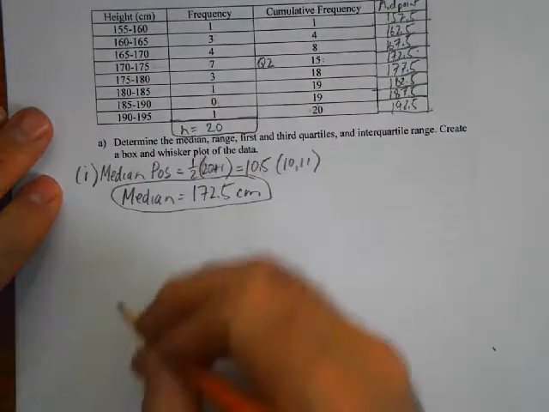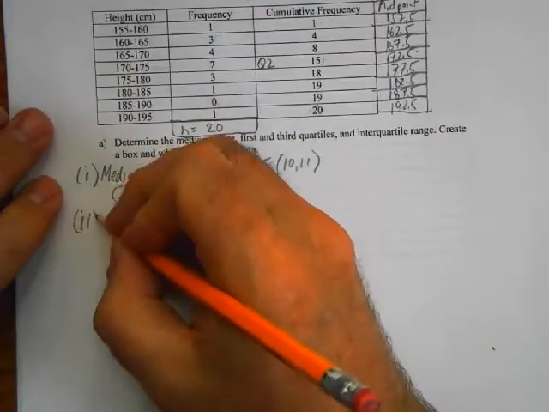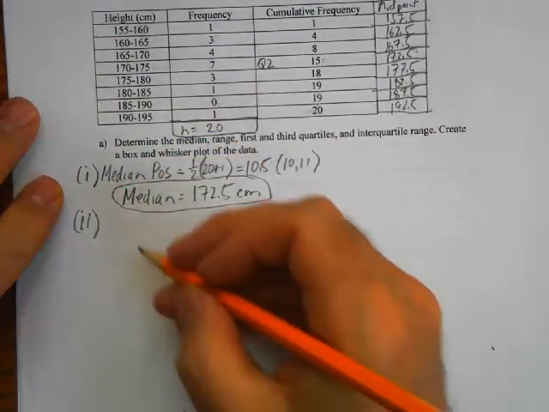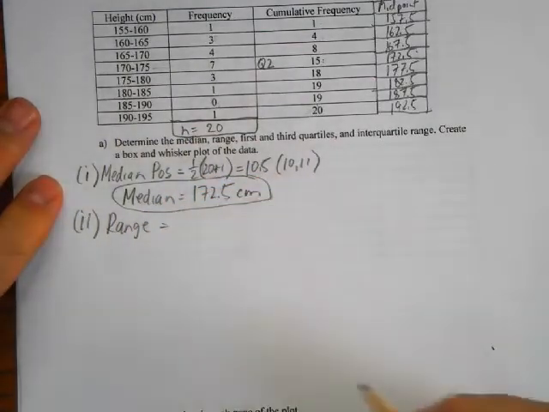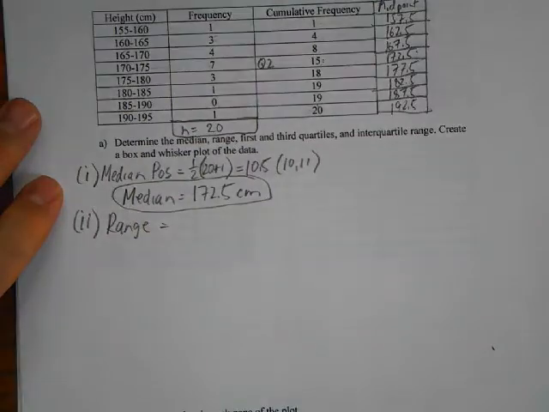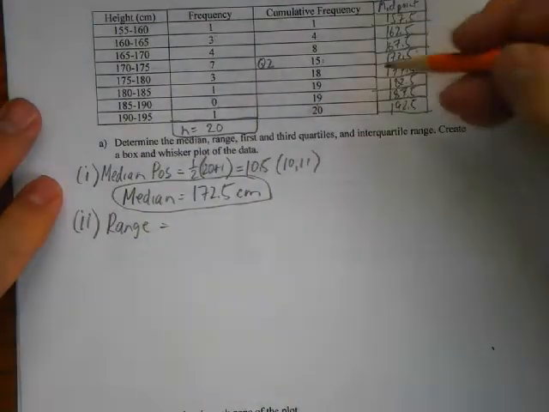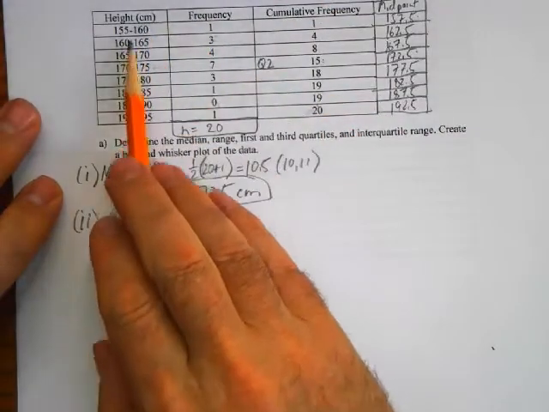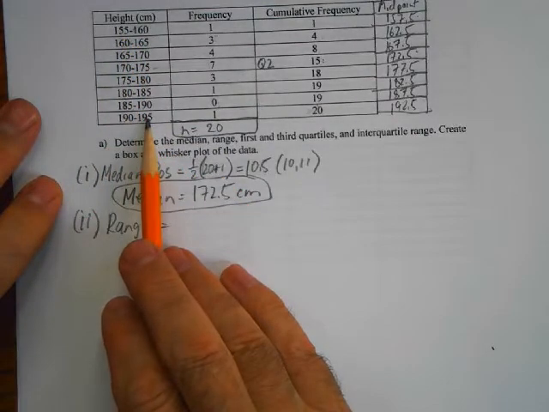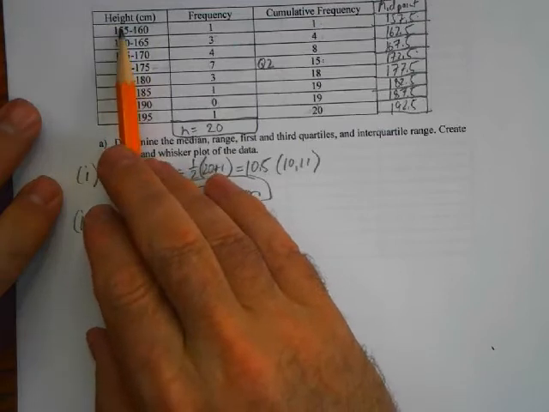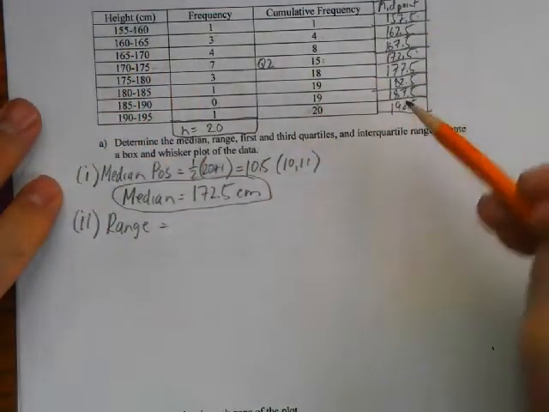It also wants to know the range. Range is a super easy one to do. So you find your highest and your lowest value, and subtract them. So then the question becomes, do we use our midpoints? Because I know the lowest value is in here, the highest value is in here. Should I use 195 for the highest? Should I use 155 for the lowest? Or should I use the midpoints?